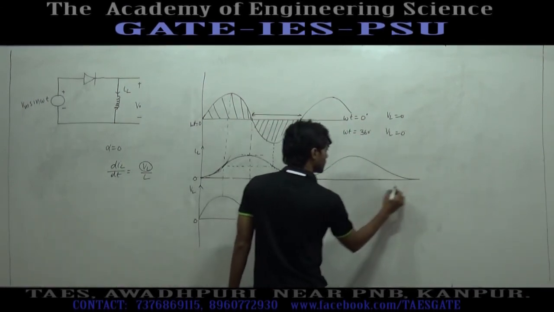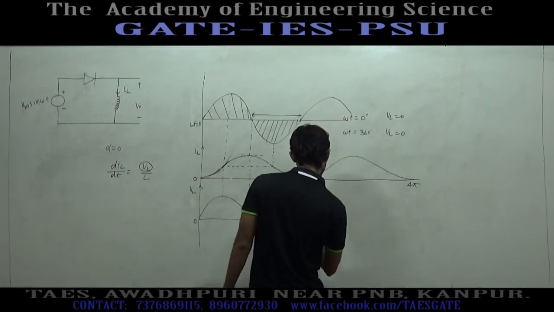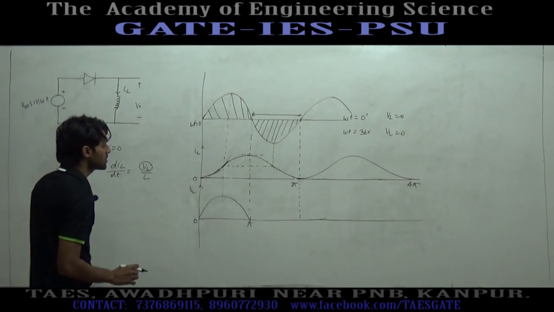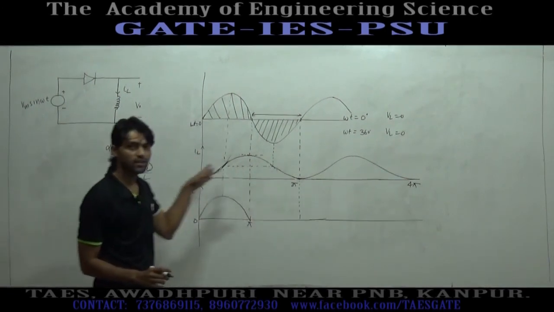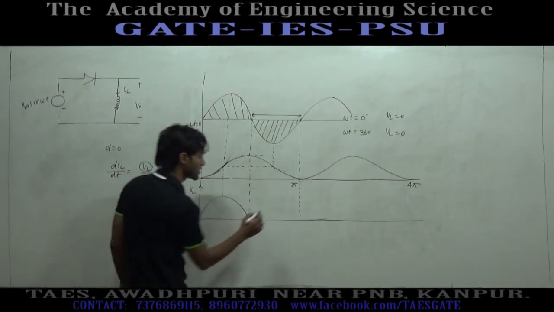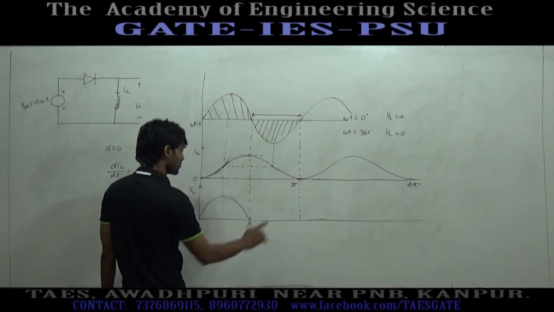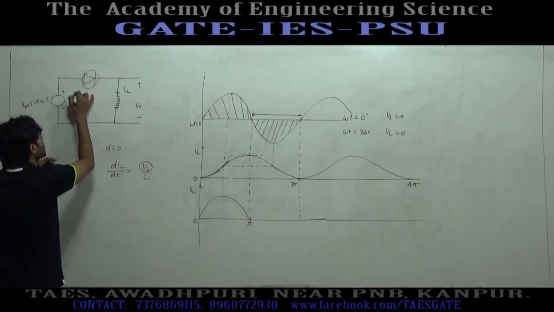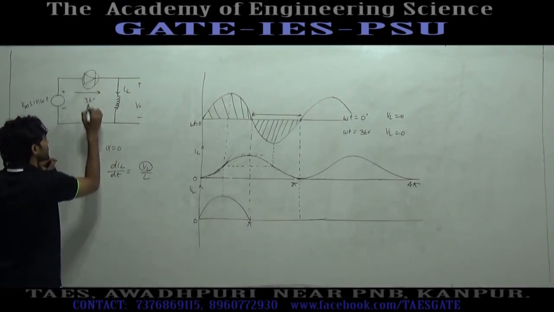This is 2 pi, this is omega t equal to 4 pi. Since the inductor current is continuous, it is never 0 except at one point. This diode is always conducting, it is conducting for 360 degree.